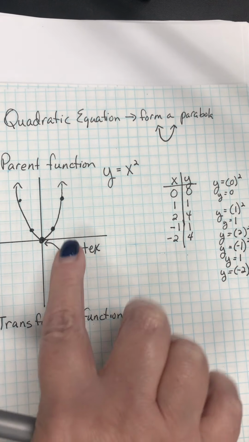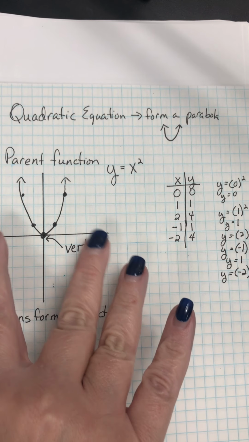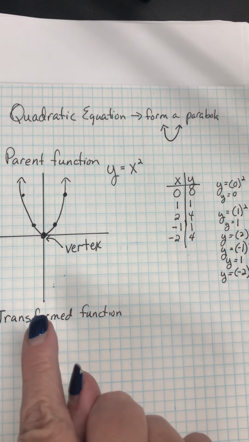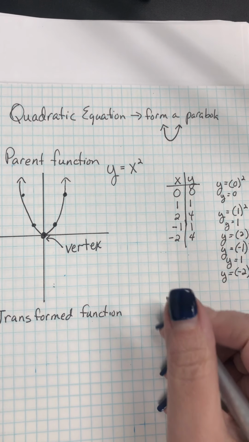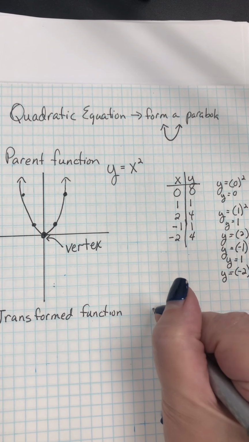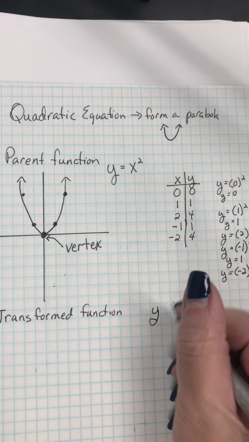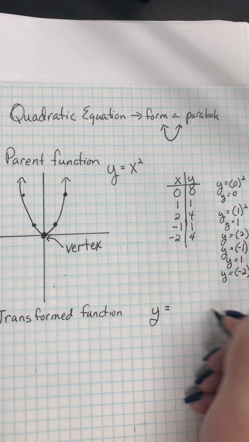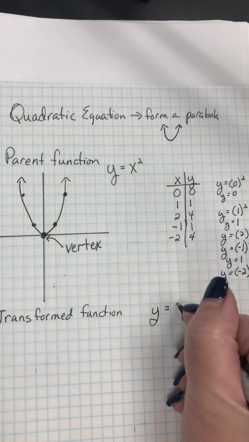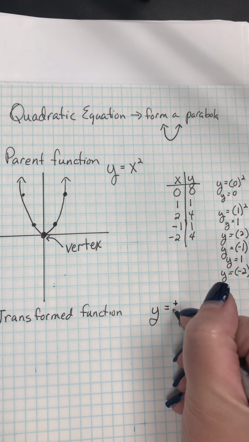It can be skinnier, it can be fatter, it can be flipped upside down, but it will generally be a parabola. My transformed function, I'm going to write this, and when you're writing your notes, I would suggest you leave a little bit of room between each item so that you have enough room to write the notes.